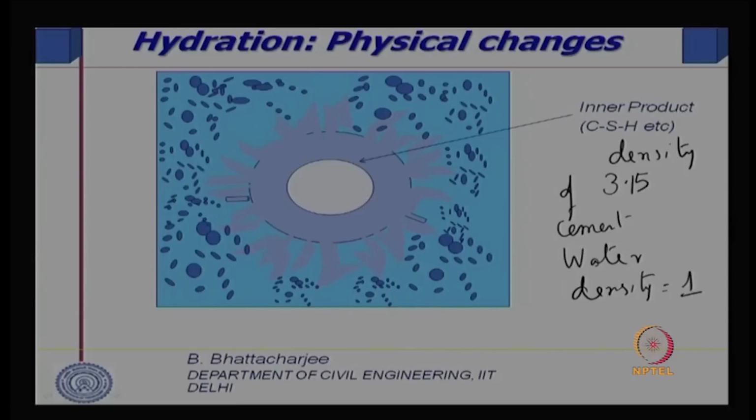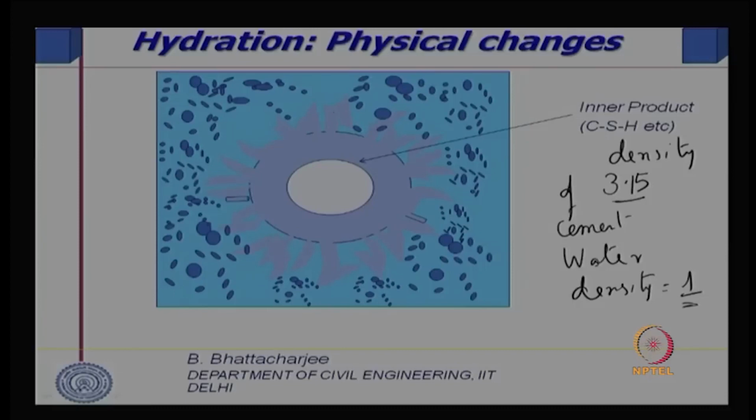It has reacted and formed a product, which will have a density less than 3.15, more than 1, somewhere in between. So, it occupies more volume than the volume that was occupied by the cement.